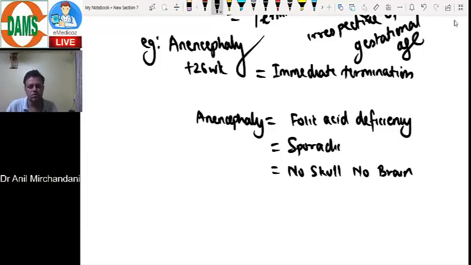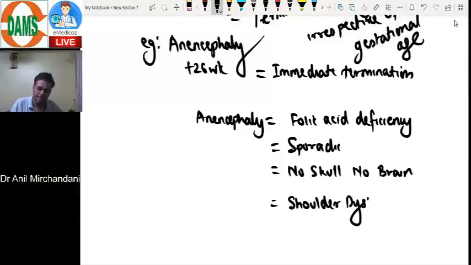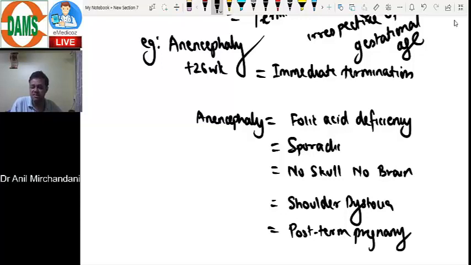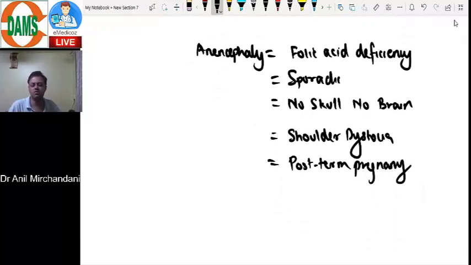Because there are no skull bone, no brain, anencephaly will be associated with what? With shoulder dystocia. Postterm pregnancy. The fetal signal which is necessary for labor will not come. So postterm pregnancy could be there.